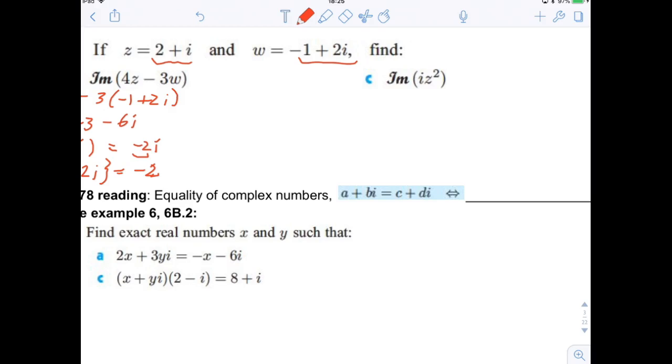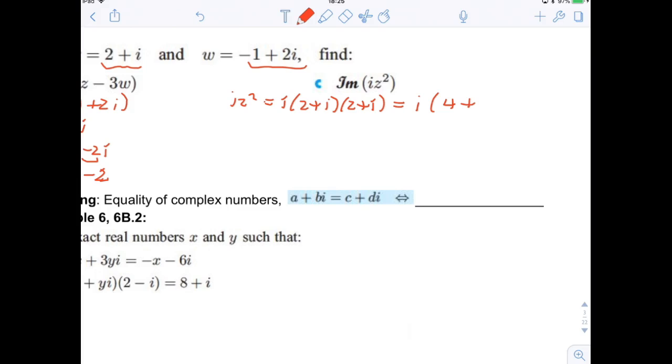Imaginary part of iz squared. So first I'm going to have iz squared, which is i times 2 plus i times 2 plus i. That's equal to i times 4 plus 4i plus i squared, which is negative 1.